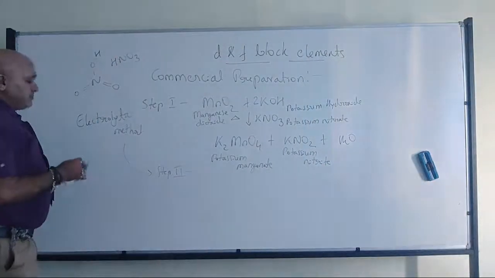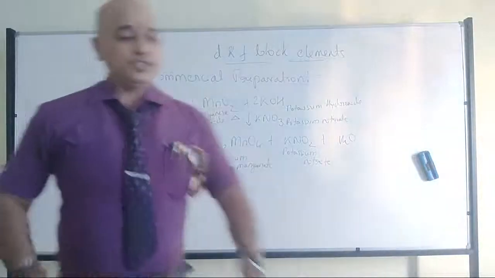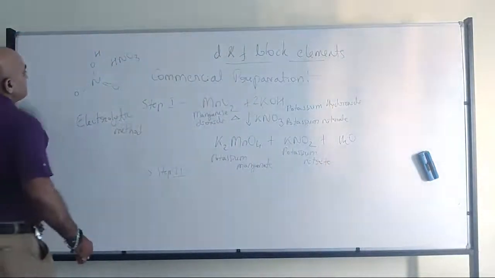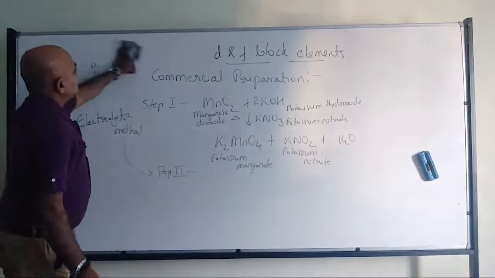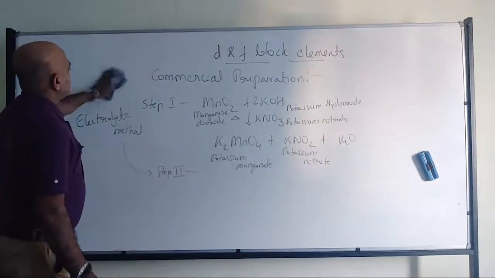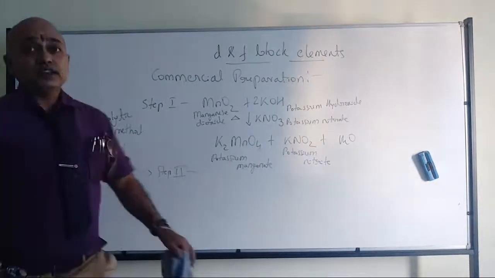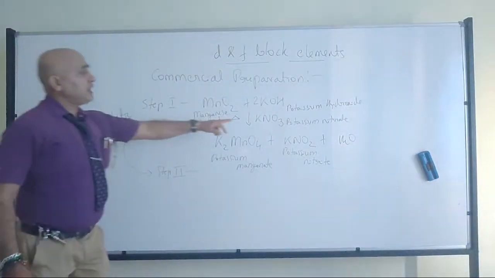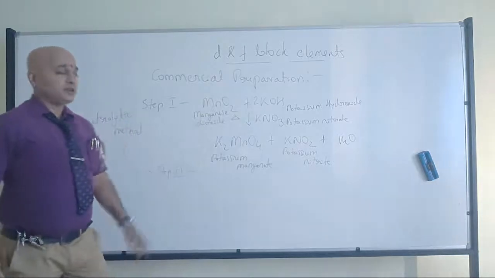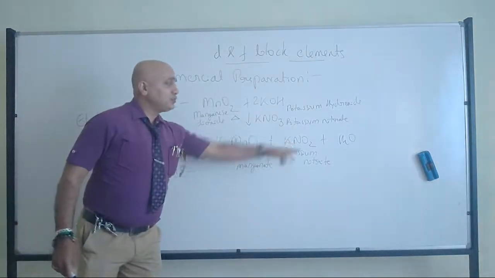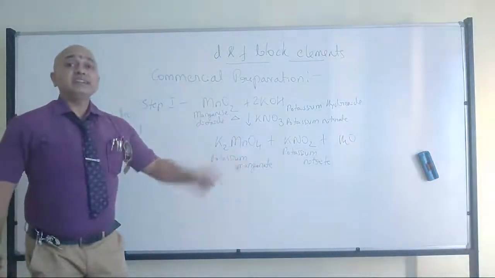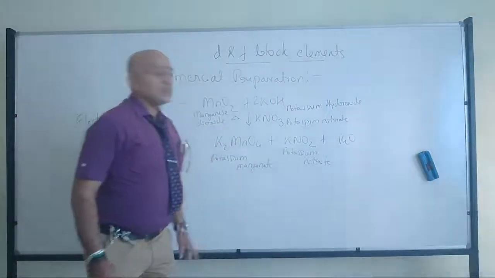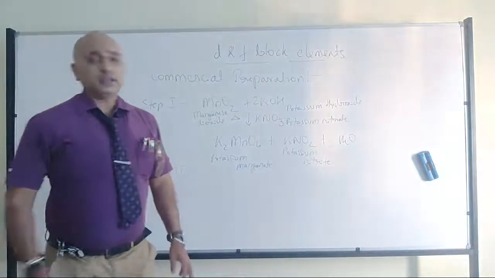Therefore it will be binding to the hydrogen. That's where we have HNO3 or KNO3, whatever it is. Therefore they are called potassium nitrate. So here KNO2, potassium nitrite. So potassium manganate and potassium nitrite will be the products.